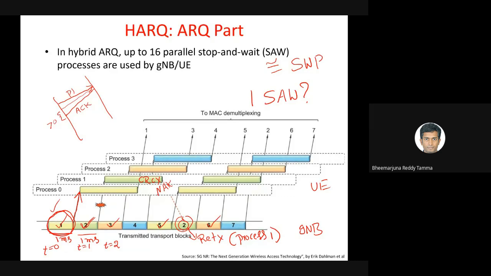Because of that, we are holding the sender, which is ready to send multiple packets. By having one stop and wait, we are wasting channel resources when you have a large bandwidth delay product. We can address that by using multiple stop and wait or sliding window. At the MAC layer, we use multiple stop and wait. At the RLC layer, we use the sliding window protocol, as you have seen in the previous classes.